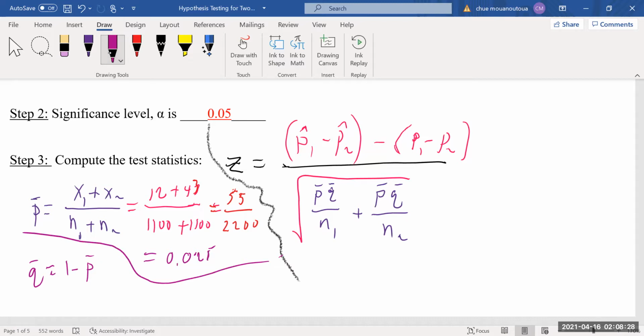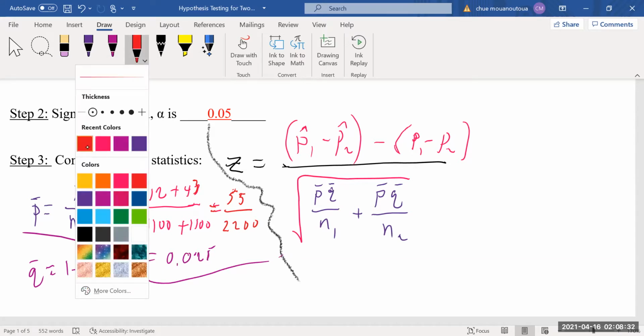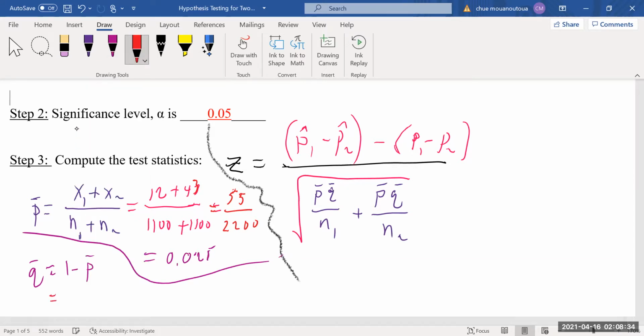To get the Q bar, again, just simply go 1 minus P bar, so 1 minus 0.025. So here, my Q bar then will be 0.975.